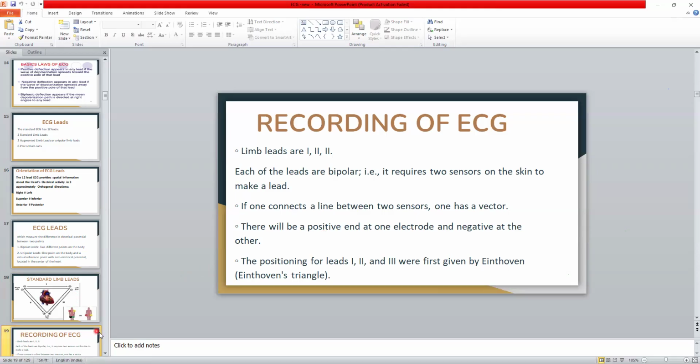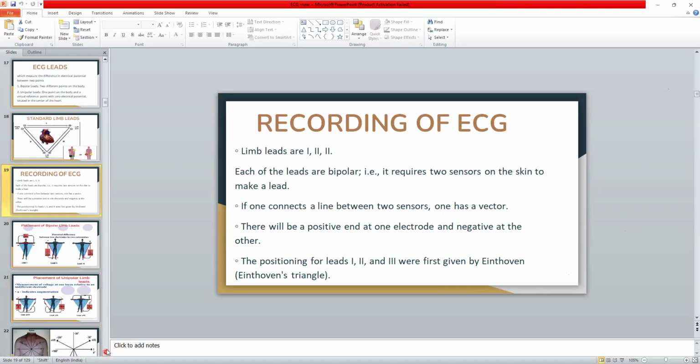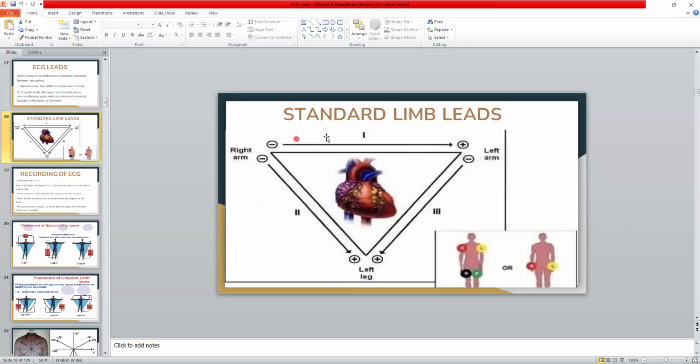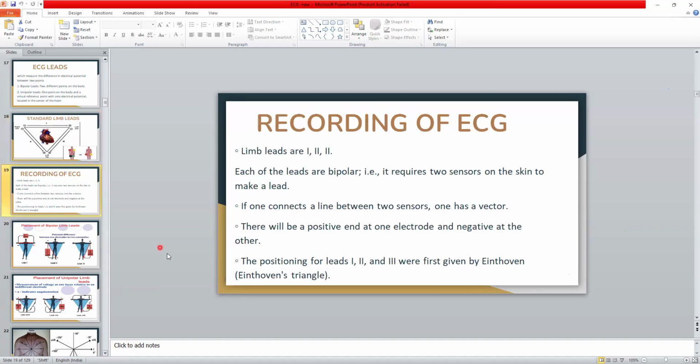The positioning of the leads, this is what I have showed you. This positioning of the leads, lead 1, lead 2 and lead 3, has created a triangle. This positioning of the leads was first given by Einthoven.